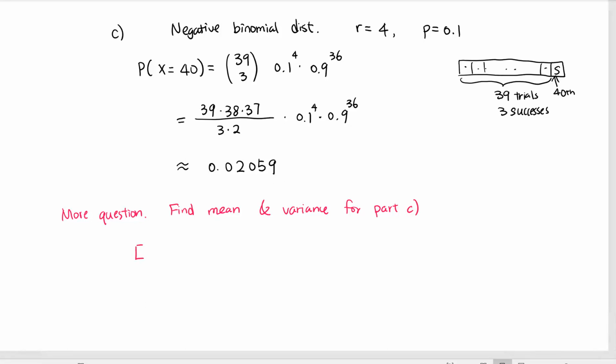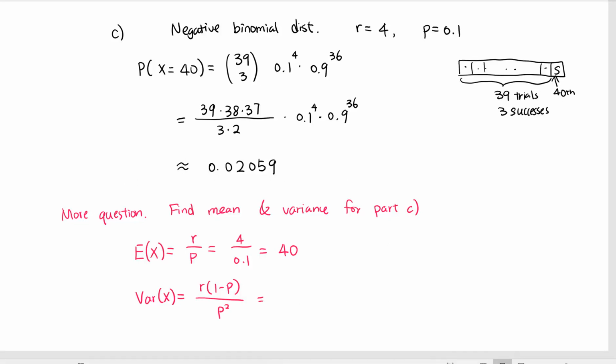For the mean, what's the formula for the mean? It will be provided in the exam. So it's R over P, and our R is 4. Our P is 0.1. What is 4 over 0.1? 40.